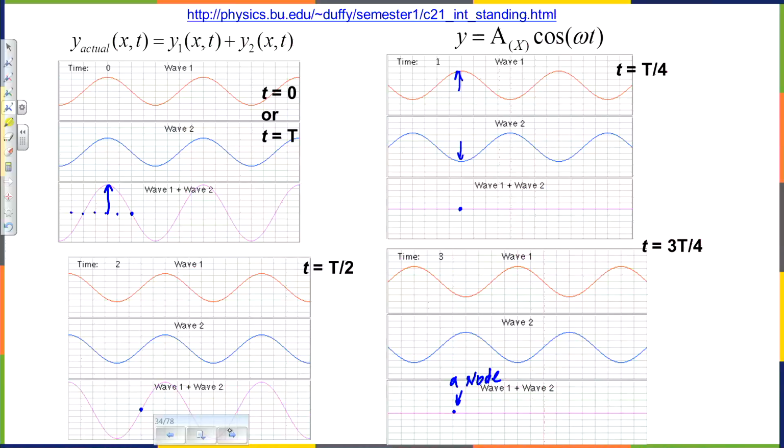Because you see these displacements. These displacements always cancel each other out completely. So at every instant, at this particular location, two displacements always cancel each other.